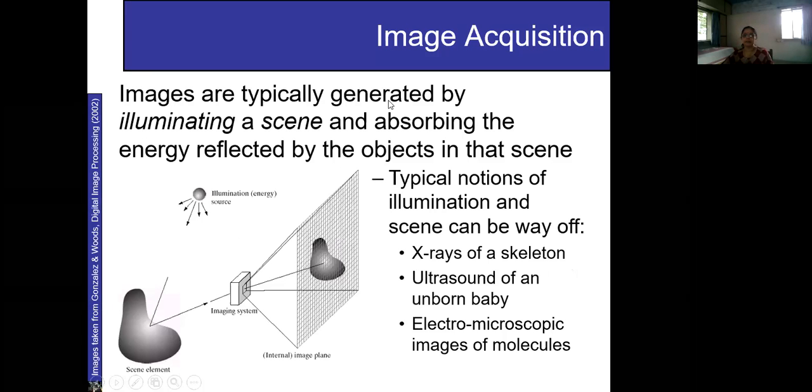So images are typically generated by illuminating a scene and absorbing the energy reflected by the objects in the scene. So as shown here, this is the illumination source or energy source.